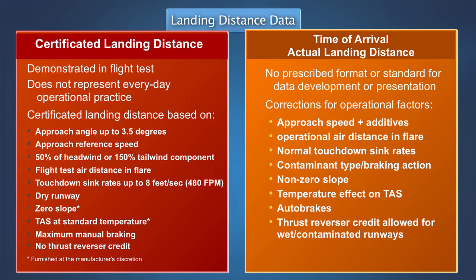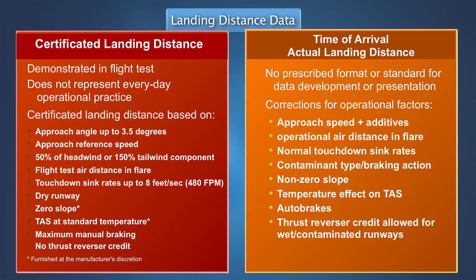The approach angle flown during testing may be steeper than the approach angles typically flown on an ILS or visual approach. To minimize the ground portion of the landing distance, the test pilot initiates maximum manual braking as soon as possible after touchdown and continues using maximum braking until the airplane comes to a complete stop.